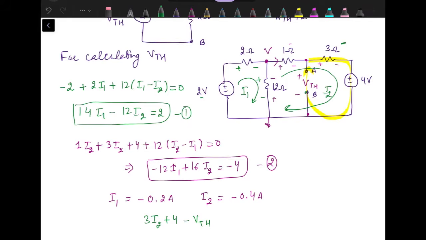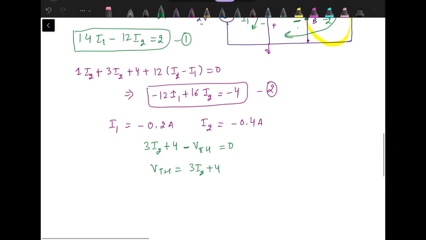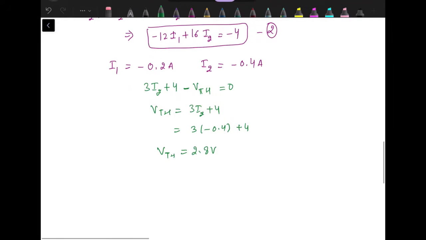Since we have considered terminal B as negative and A as positive, the negative sign came first, so it's minus VTH. This is equal to 0, which will give us VTH as 3I2 plus 4. Now using the value of I2, 3 into minus 0.4 plus 4, we get the value of VTH as 2.8 volts. So this is the first step. Then the second step is we need to calculate RTH.